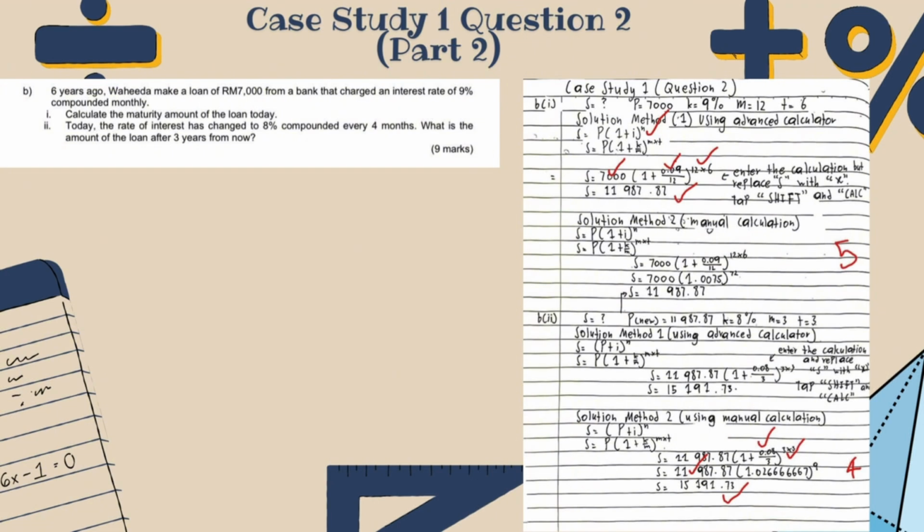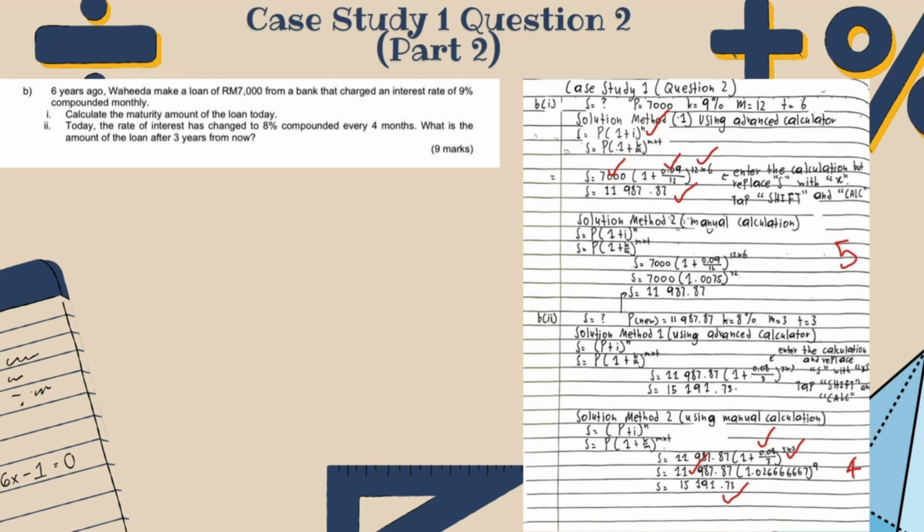For the final question, 2B second Roman, the accumulated amount from part B first Roman was reinvested at an annual interest rate of 8%, compounded 3 times per year for 3 years. The final accumulated value is 15,191 ringgit and 73 cents.